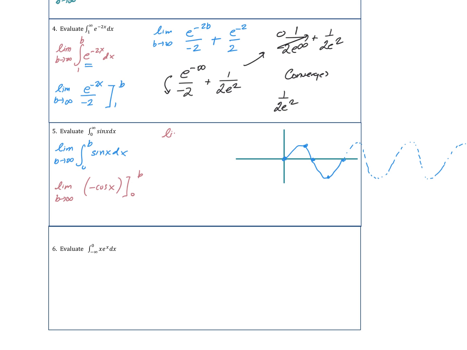So we've got the limit as b goes to infinity, negative cosine of b plus cosine of 0. Cosine of 0 is 1. And again, this is the part that students struggle with a little bit, but now I'm looking at the cosine graph at infinity. It's not 1, it's not negative 1. It's going back and forth and back and forth. It's oscillating. So this diverges.